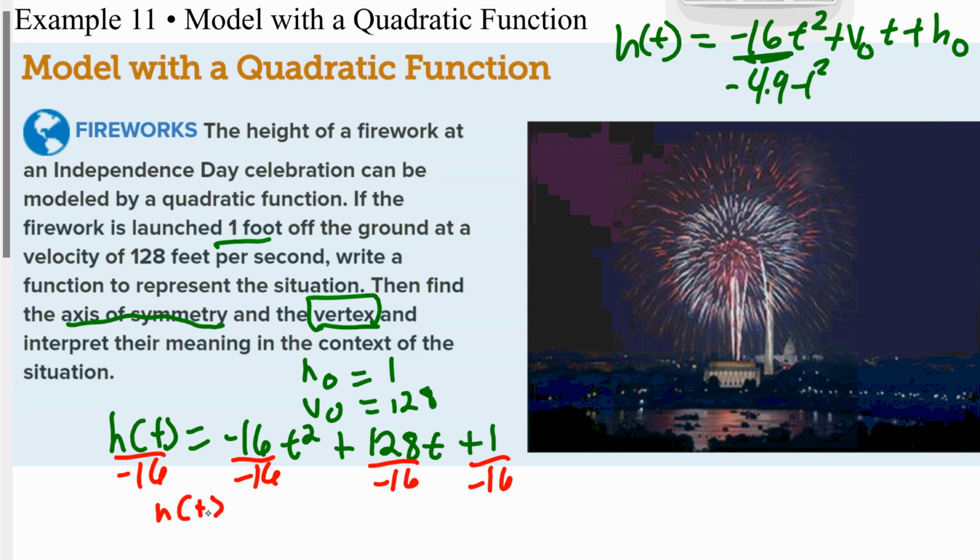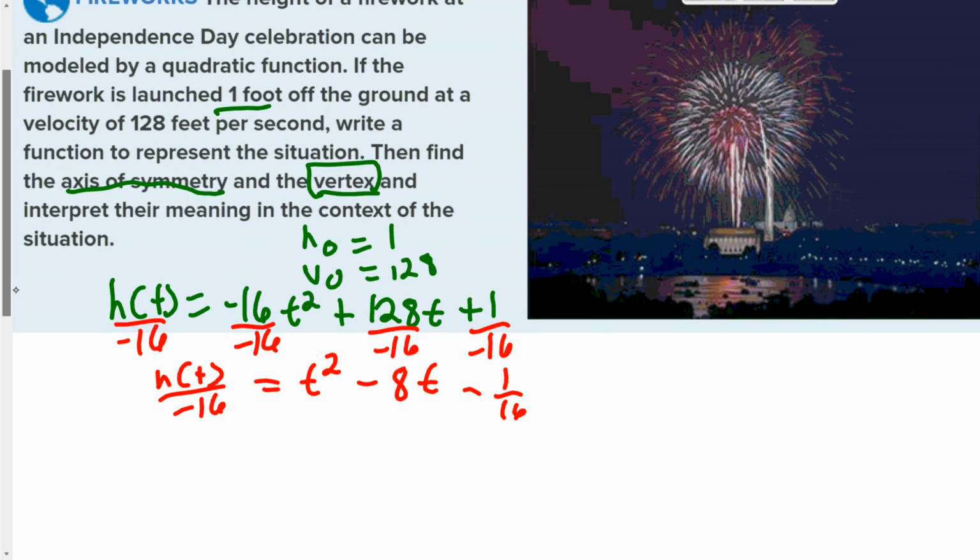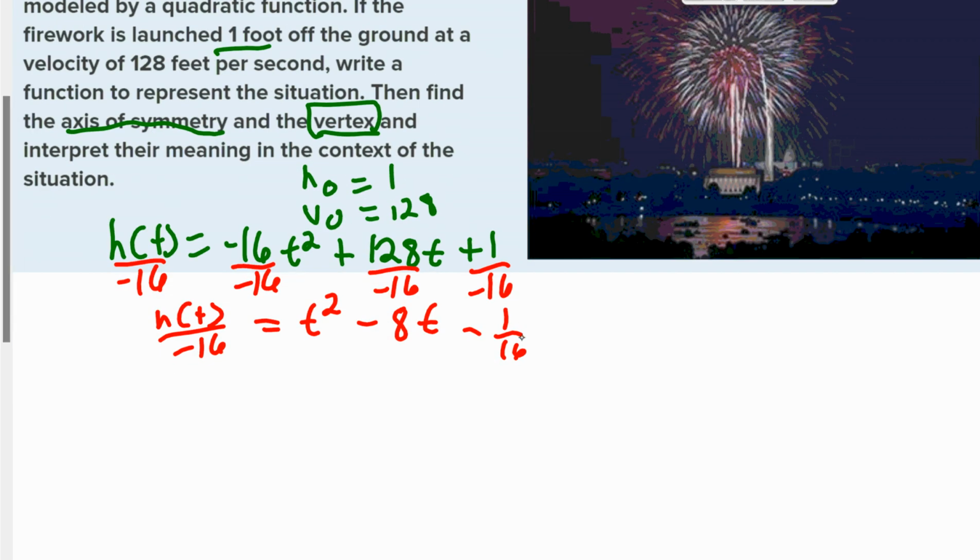So h of t over -16 equals t squared minus 8t minus 1/16. Can I find a number times itself that is 1/16 but adds to -8? -16 doesn't work, so I need to move that over. So since it's negative, I'm going to add it.